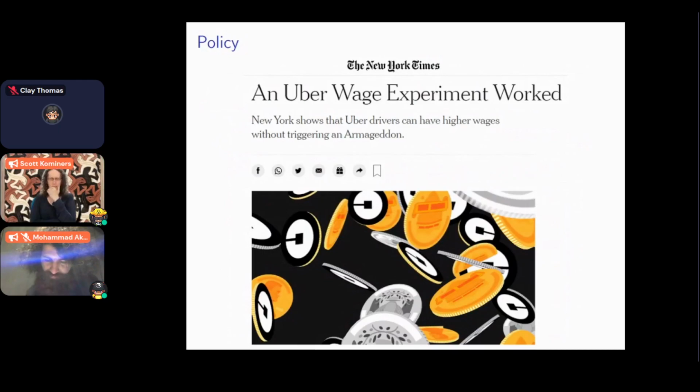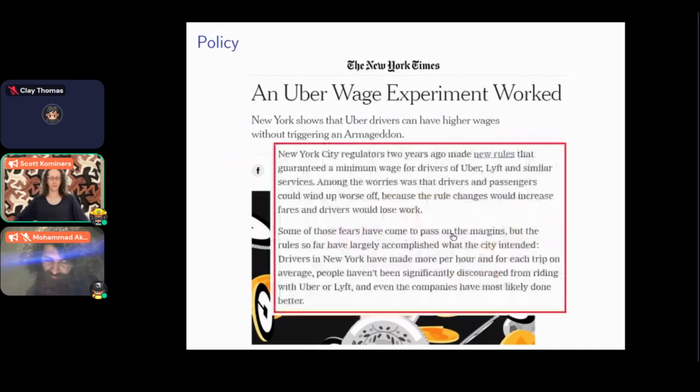And indeed, New York was one of the earliest places to insist on a rideshare minimum wage, and the long run outcome was, as I mentioned earlier, rideshare has low price elasticity, so demand for rideshare didn't change much at all. Earnings of drivers went up.